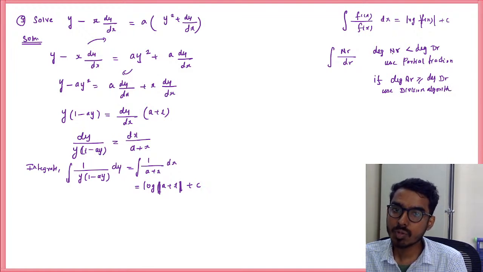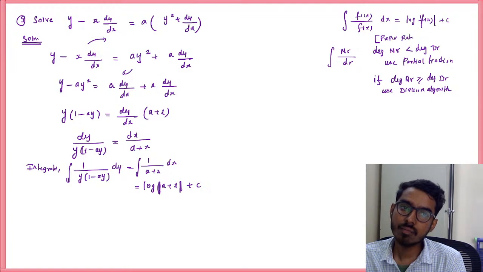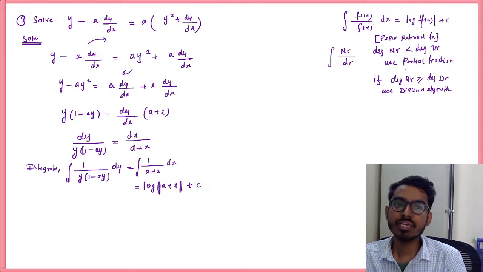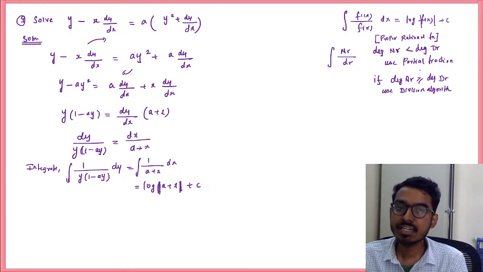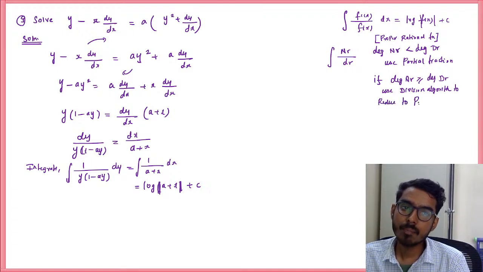If the degree of numerator is strictly less than the degree of denominator, it is called a proper rational function. If the degree of numerator is greater than or equal to the degree of denominator, it is not a proper rational function. Use division algorithm to reduce to a proper rational function and then to partial fraction.